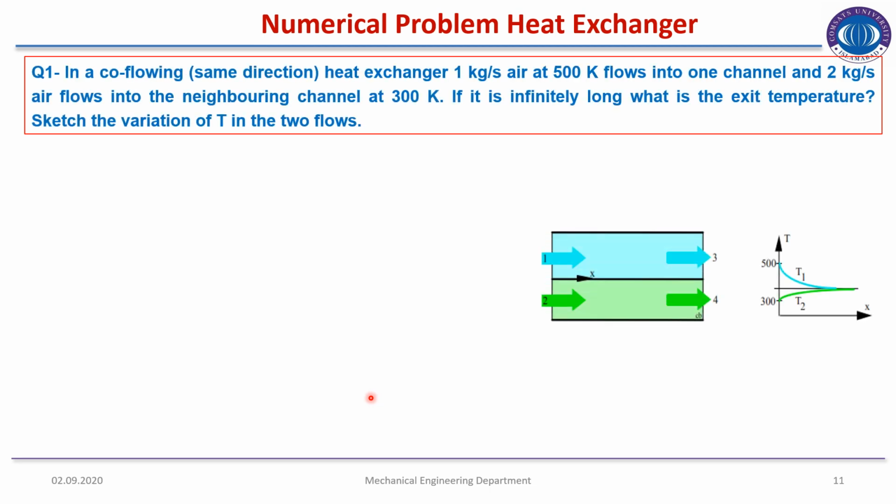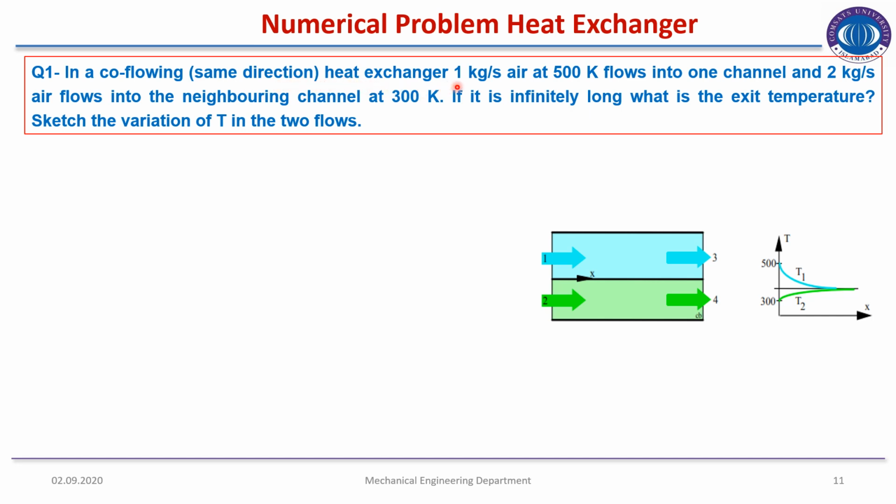Now we will solve a numerical for the heat exchanger. The statement of the numerical is: in a co-flowing heat exchanger. Sometimes it is written as parallel flow, same direction, or co-flow. All these terms mean the same, that the flow is parallel flow.